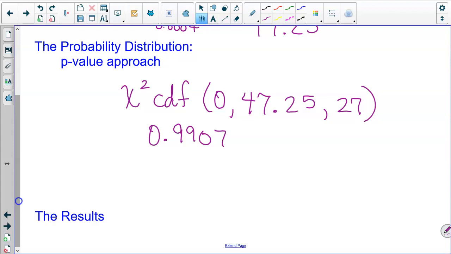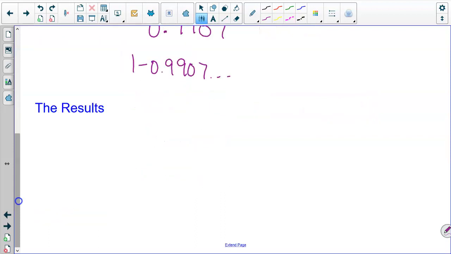This is the exact same as what you've been doing: left-tailed, right-tailed, two-tailed. Look at your alternate. Right-tailed, so what do I do? Subtract from 1. 1 minus 0.9907, and we get 0.0093. Now I can compare that to alpha.